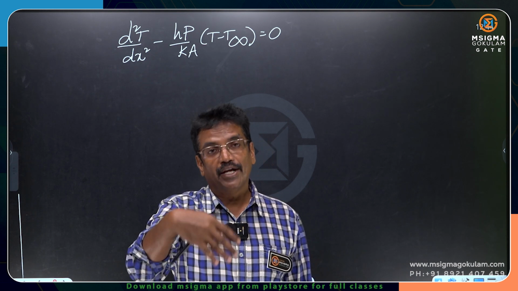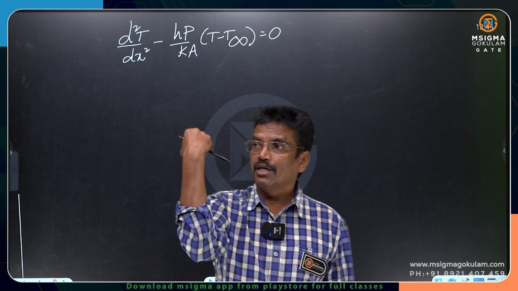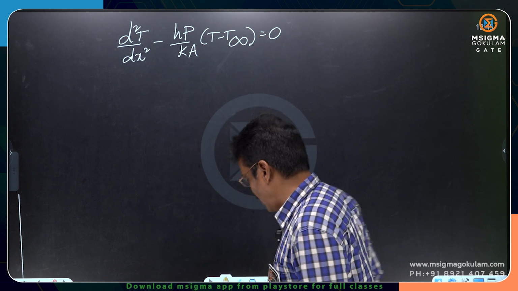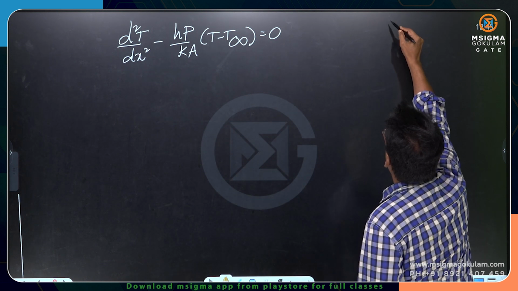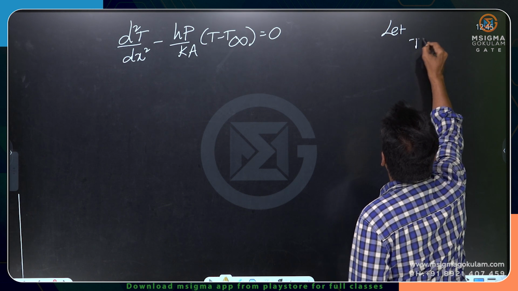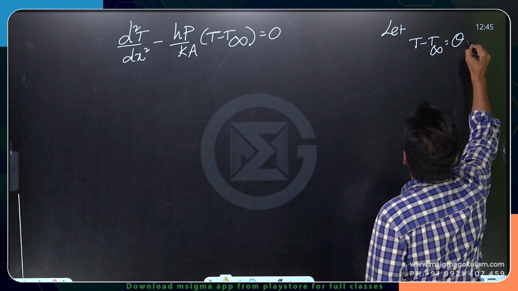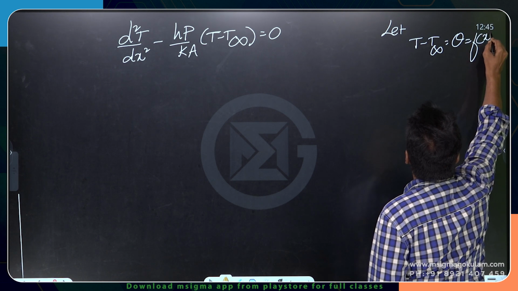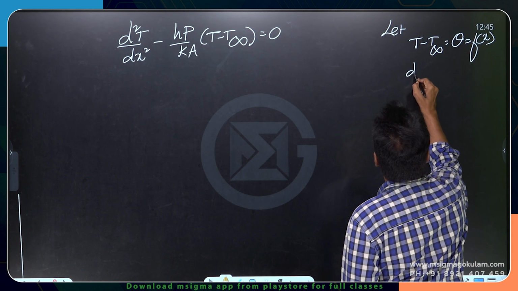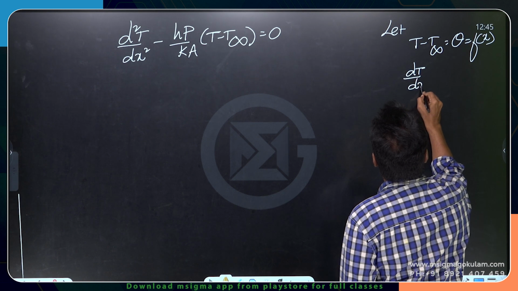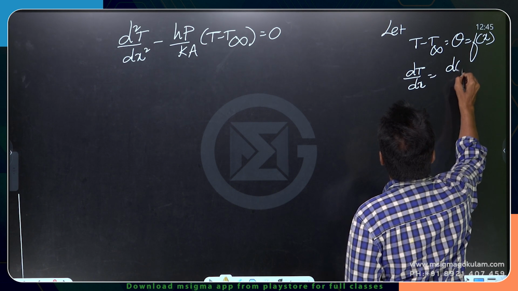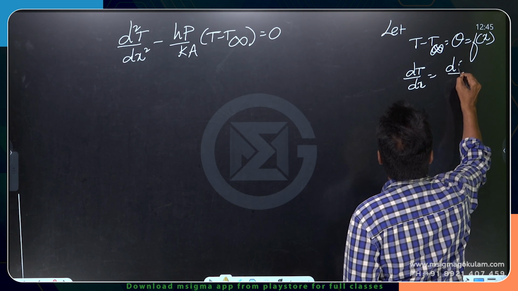So I want to change this second order differential equation into that format, for which I am writing, let T minus T infinity be theta. When T is a function of x, theta also will be a function of x. Differentiate both sides with x, it will become d theta by dx.